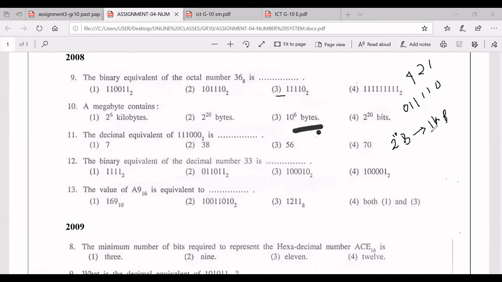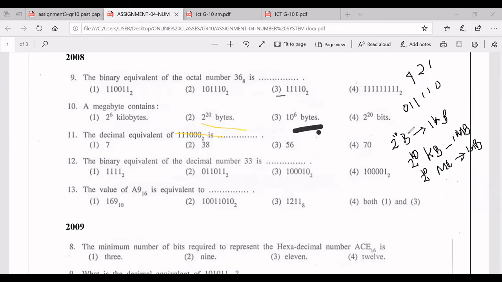Then 2 to the power 10 KB is equal to what? 1 MB, no? Then 2 to the power 10 MB is equal to 1 GB, right? Okay, so here we need only megabyte now.